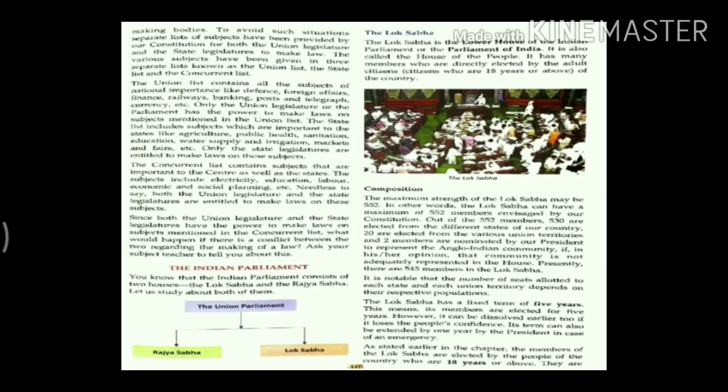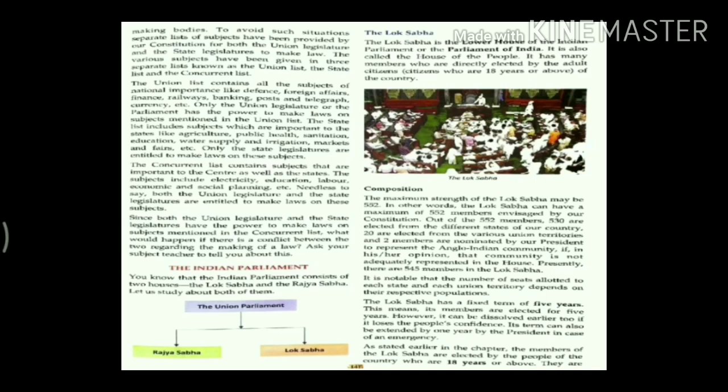Here you can see the composition. The maximum strength of the Lok Sabha may be 552. In other words, the Lok Sabha can have a maximum of 552 members as emphasized by our constitution. Out of the 552 members, 530 are elected from the different states of our country.